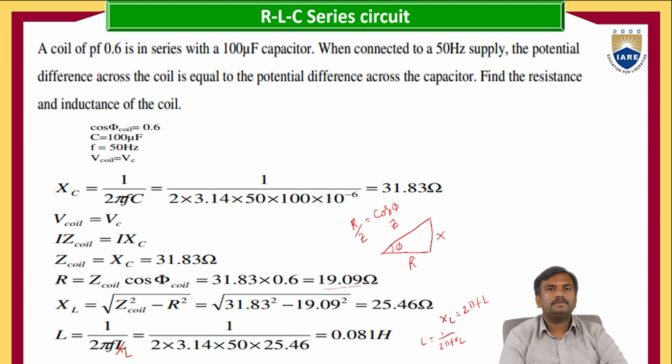So if we substitute the XL and frequency value here, 1 by 2 pi into frequency 50 and XL value 25.46, that is equal to 0.081 Henries. This is the way we have to calculate the resistance and inductance of any given circuit.